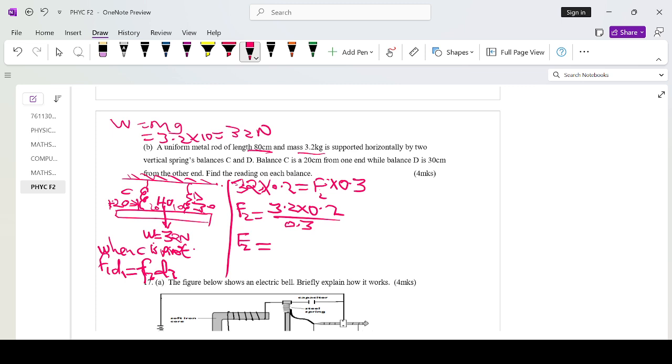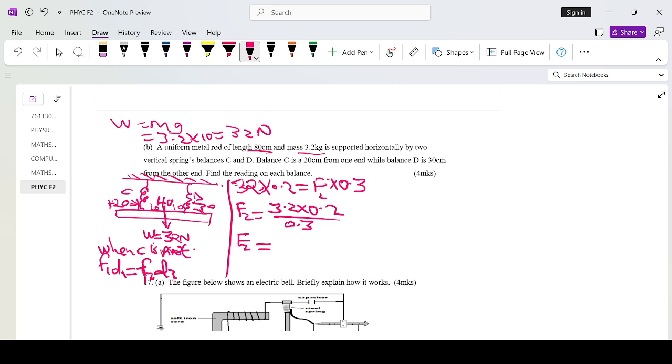A uniform metal rod of length 80 centimeters and mass 3.2 kg is supported horizontally by two vertical spring balances C and D. Balance C is 20 centimeters from one end, while D is 30 centimeters from the other end.